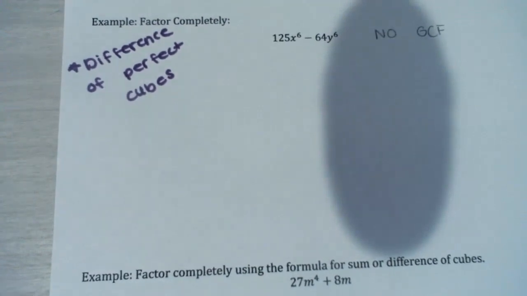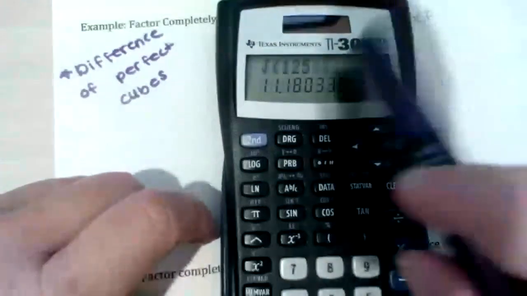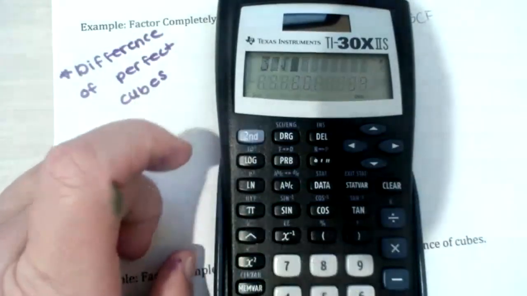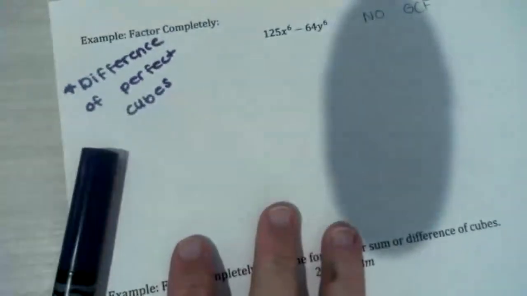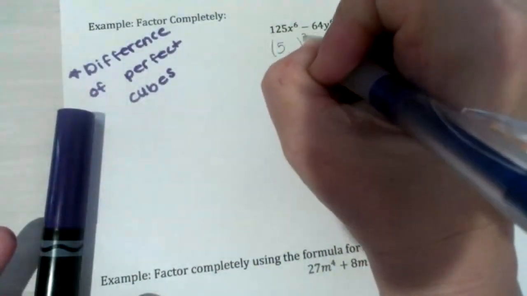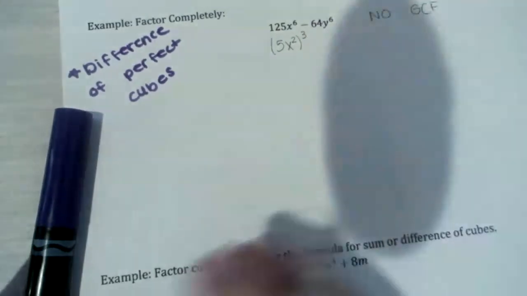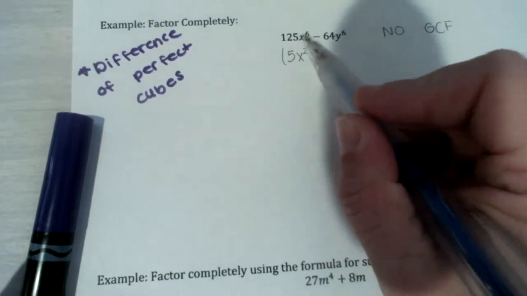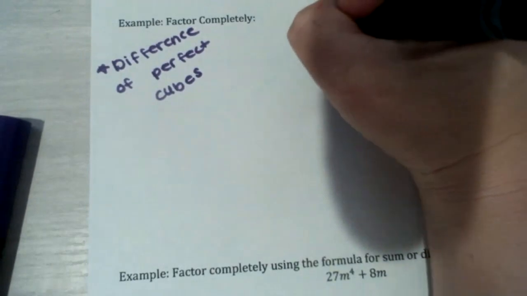I know it's not squares because I know the square root of 64 is 8, but the square root of 125 doesn't go evenly, so 125 is not a perfect square. But we know from the previous problem, 125 is a perfect cube. It's 5. So we know 5 cubed would give us 125. And then x squared cubed would give us x to the 6th. Remember, whenever you have x squared cubed, you multiply these exponents. 2 times 3 is what gives you that 6.